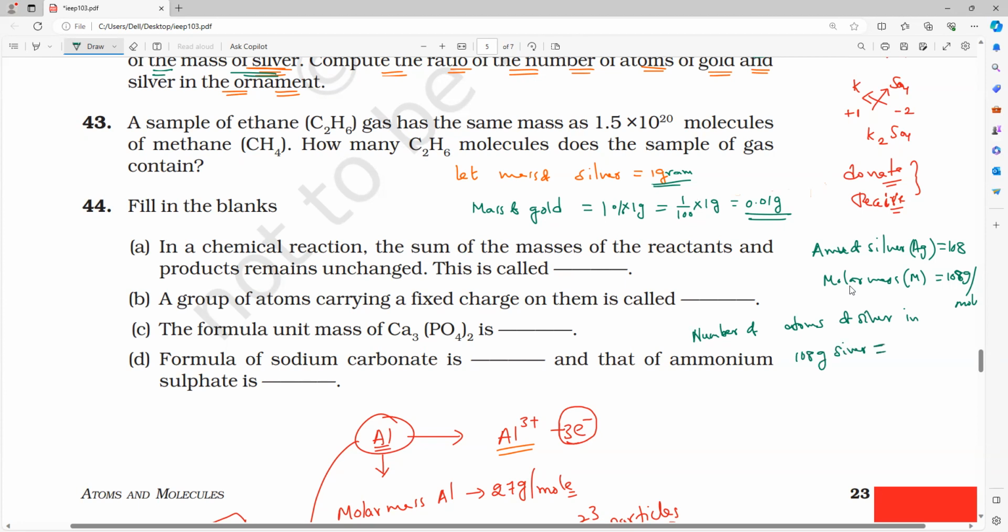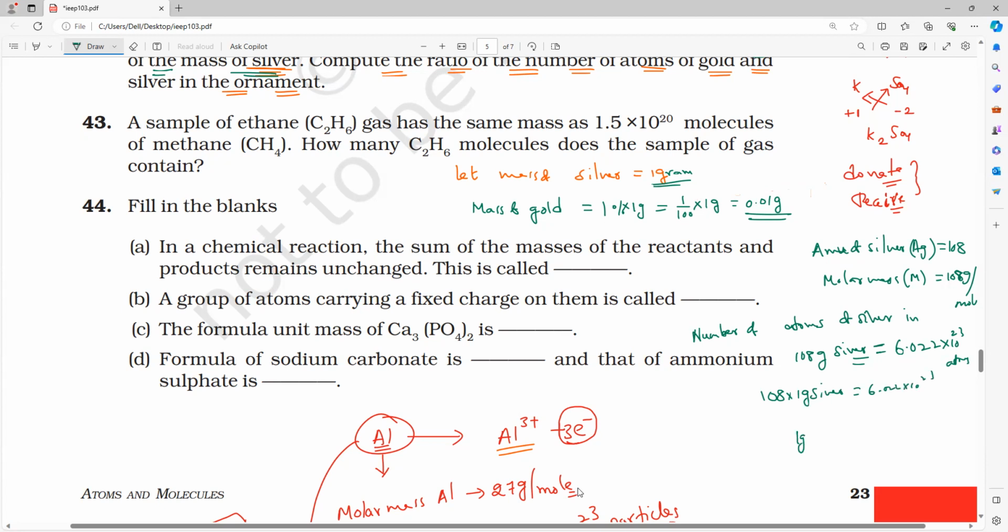Which is equal to molar mass, how many particles? Which is equal to Avogadro. Do you all agree with me? Then 108 gram silver is Avogadro number. We want only 1 gram. Then 1 gram equals what?